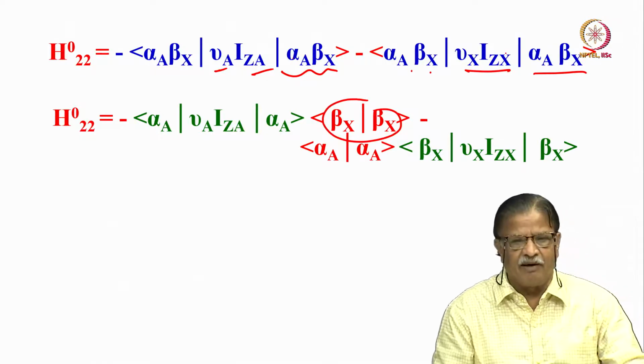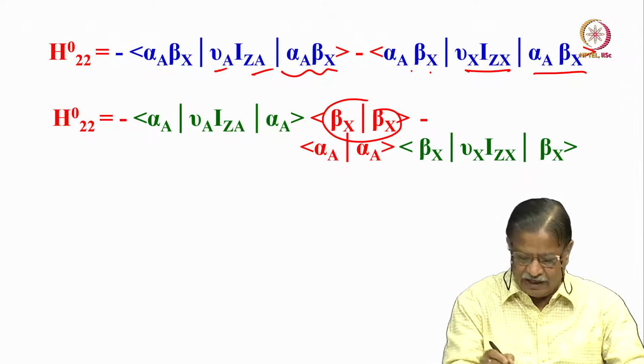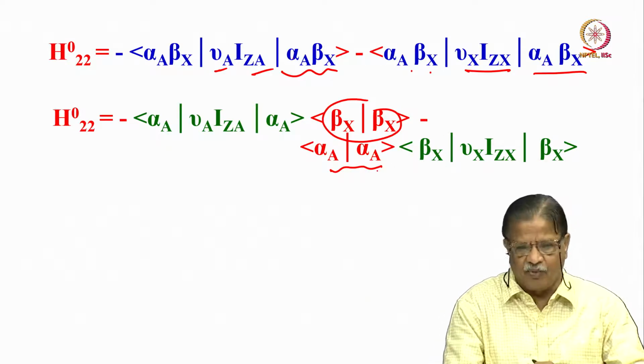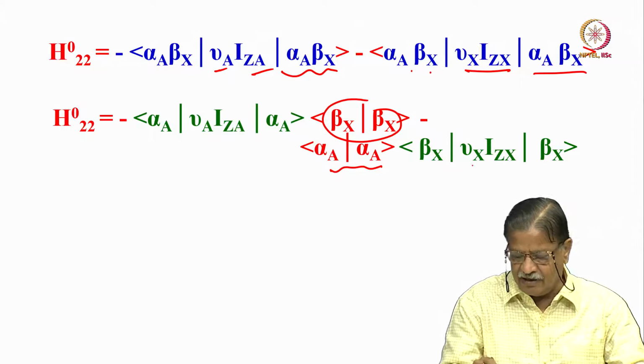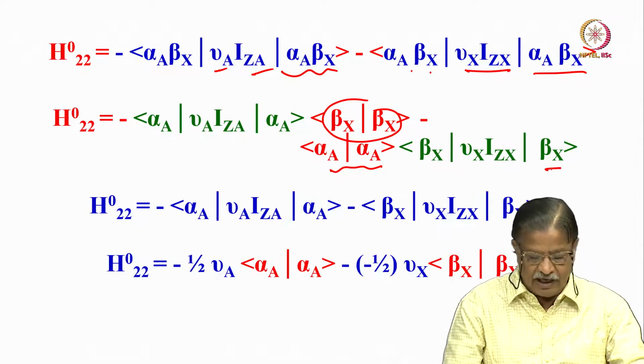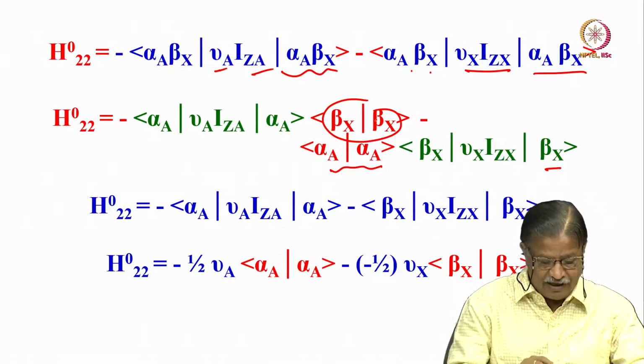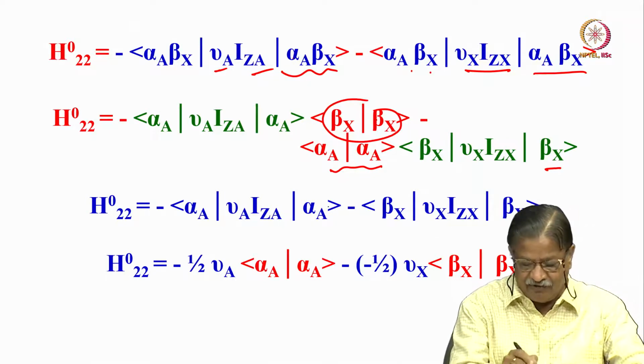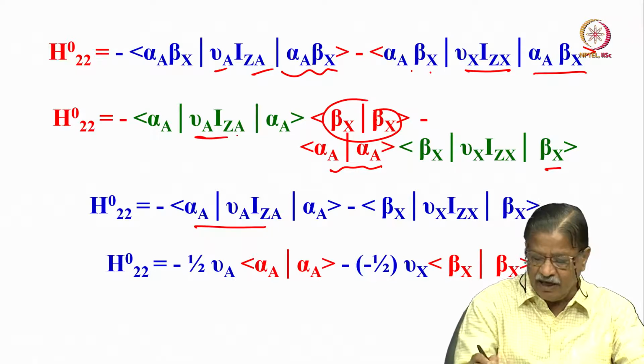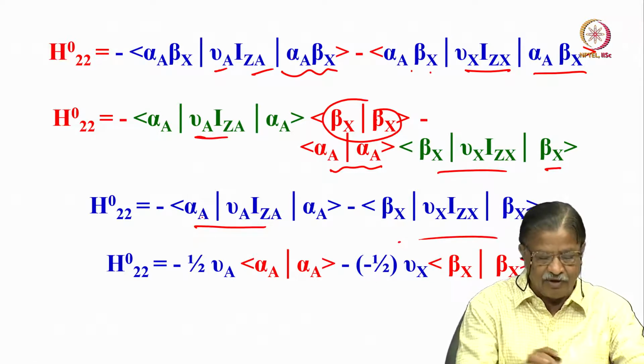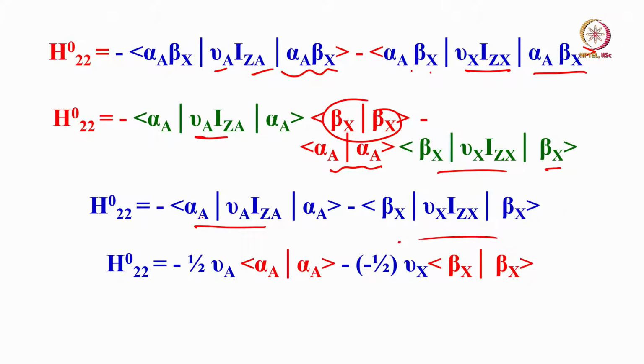Similarly I do the similar operation here: ⟨α_A|α_A⟩, which is becoming 1, then ⟨β_x| ν_x I_Zx |β_x⟩. Then again this is a simplified form, I write this equation here and this equation here, and now we have only two terms, like what we did for H11.